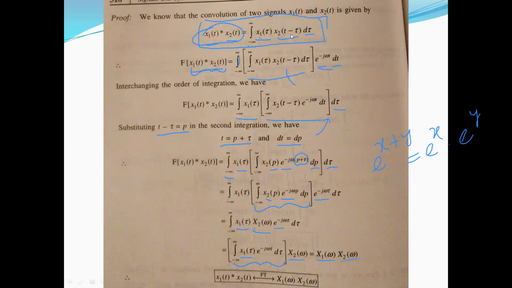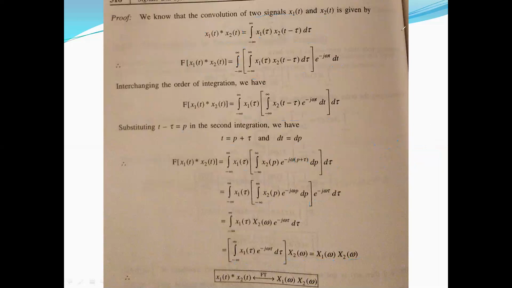So it is proved that this is the multiplication of the spectra, that is X1 omega and X2 omega. This theorem is called the convolution theorem, which is your property number 9.